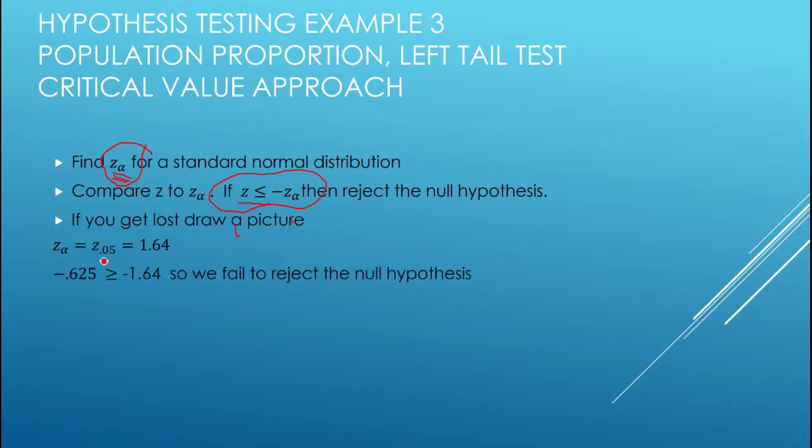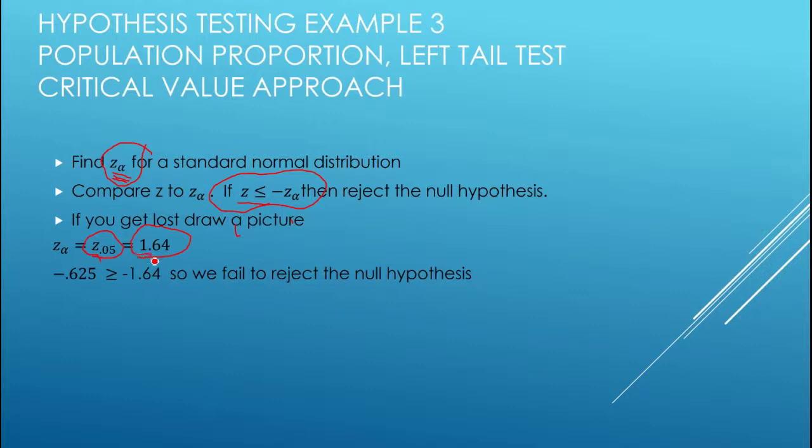But when I looked up z alpha in a table, because it's a symmetric distribution, I used a table that just tabulated the right-hand side of the standard normal distribution. I found the value of z for which 5% was to the right of that value. That's not really what I want, though. I want the value of z with this 5% to the left of the value.